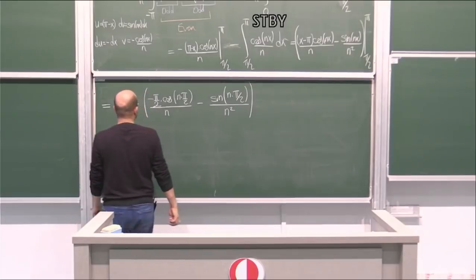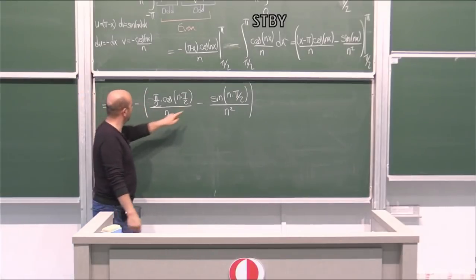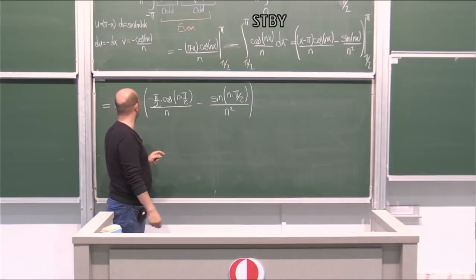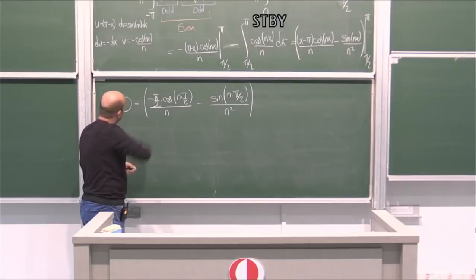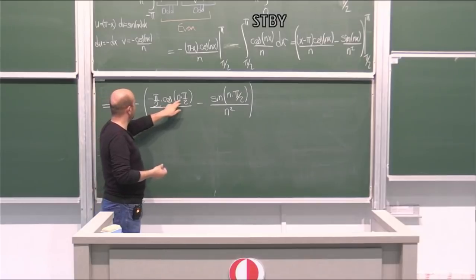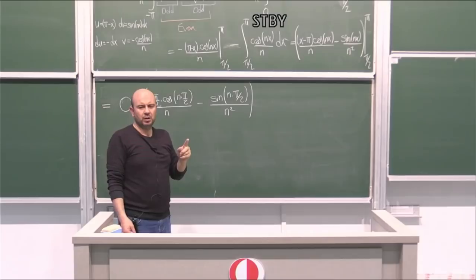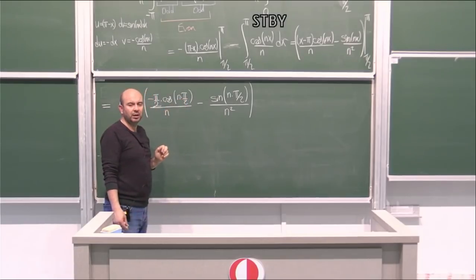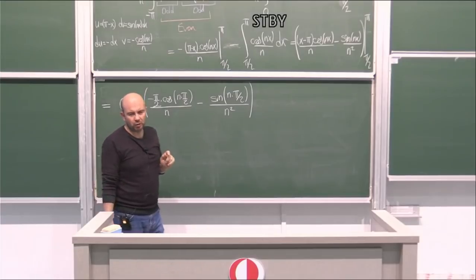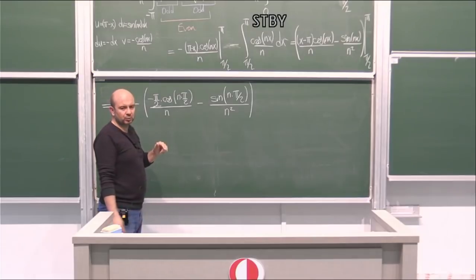All right. So the minus makes it plus. But let's see what's happening. Cosine n pi over 2: cosine pi over 2 is 0, but if n is even, then you get a multiple of pi, and cosine won't be 0. So cosine will be either minus 1 or plus 1.